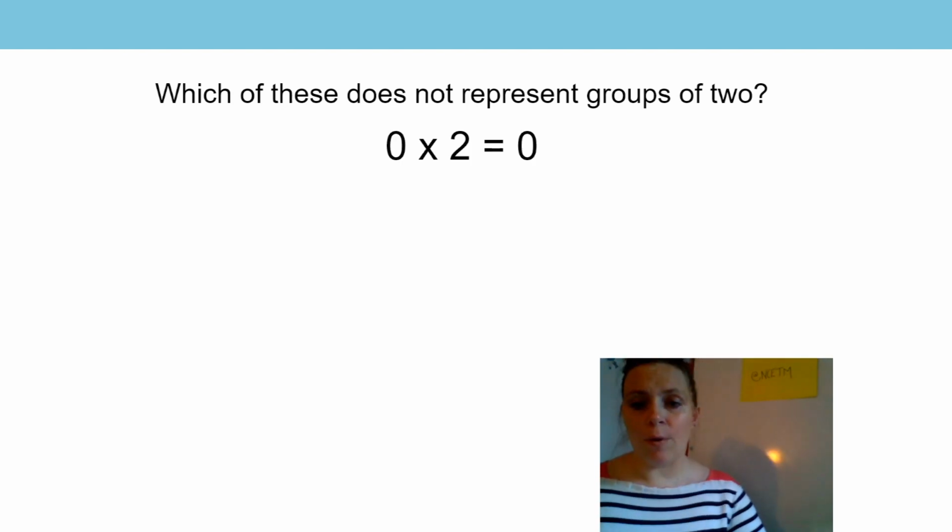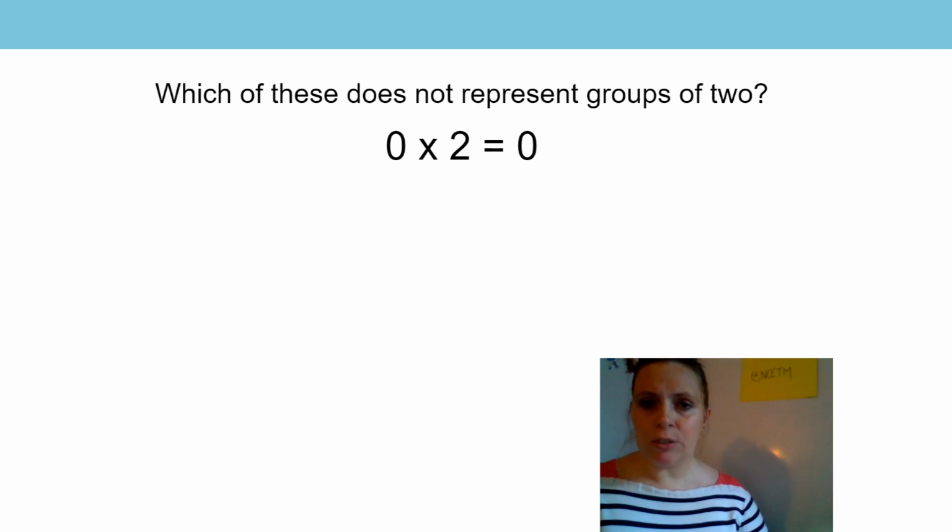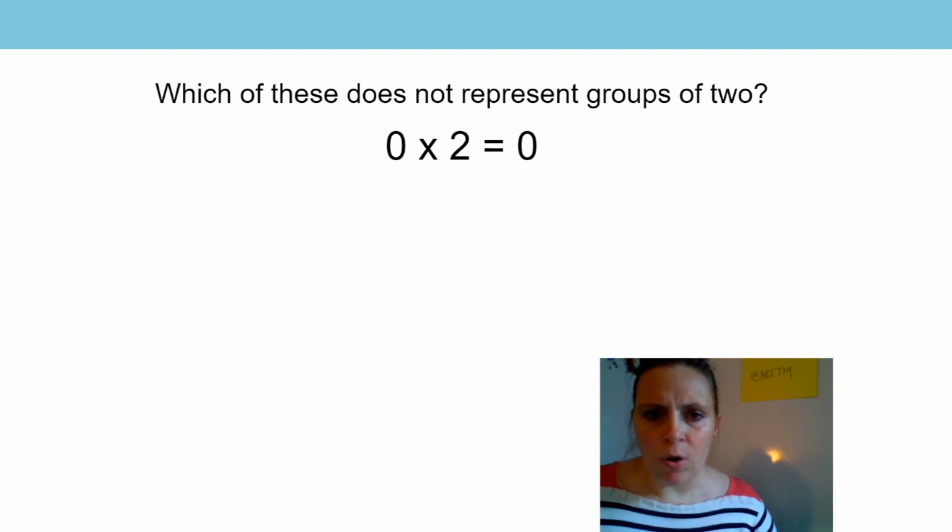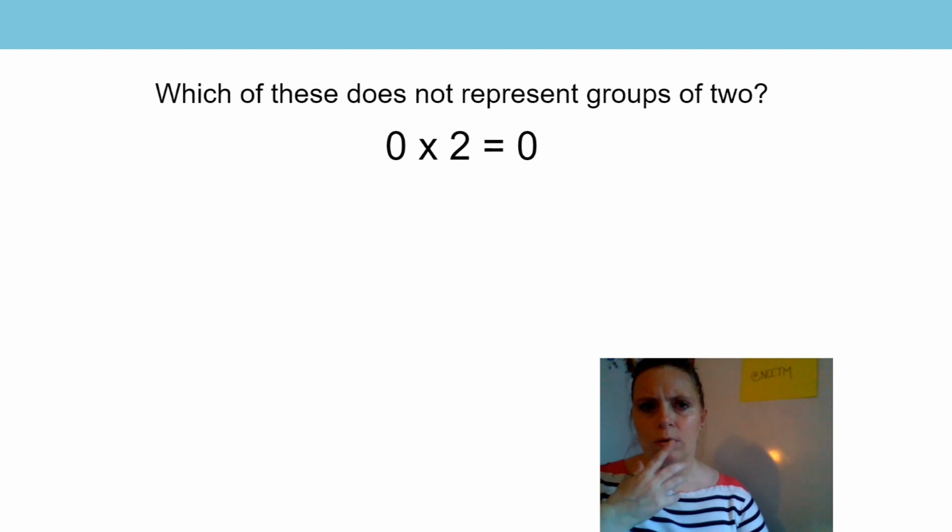This is the last one in our problem, isn't it? And we were trying to find out which of these does not represent a group of 2. I've got 0 times 2 equals 2. Oh, how many groups do we have? We have 0 groups.